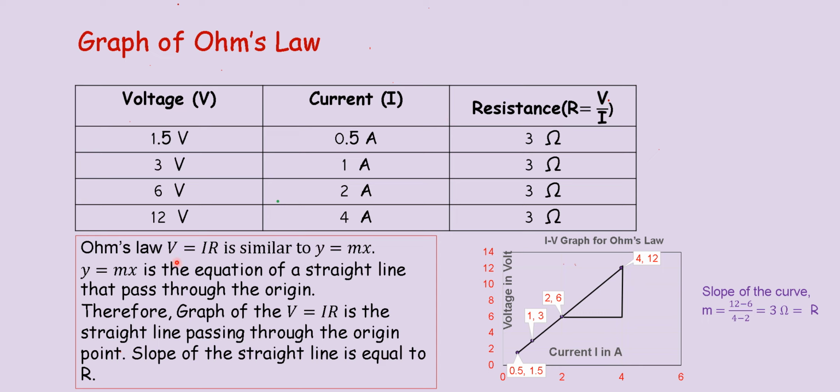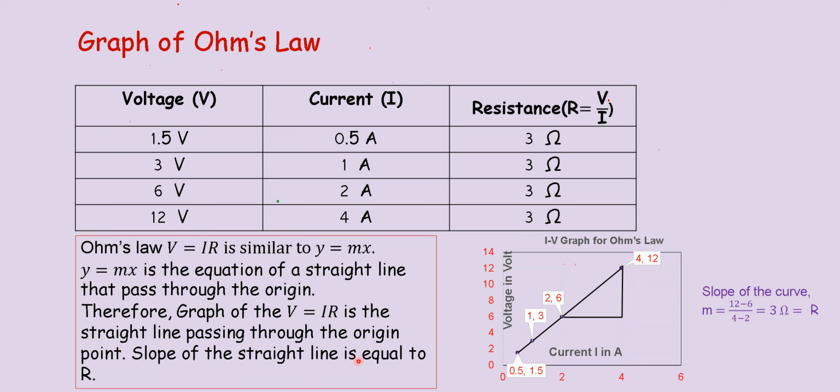The mathematical form of Ohm's law, V is equal to IR, is similar to y equal to mx. And y equal to mx is the equation of a straight line that passes through the origin. Therefore, the graph of V is equal to IR is a straight line passing through the origin point.